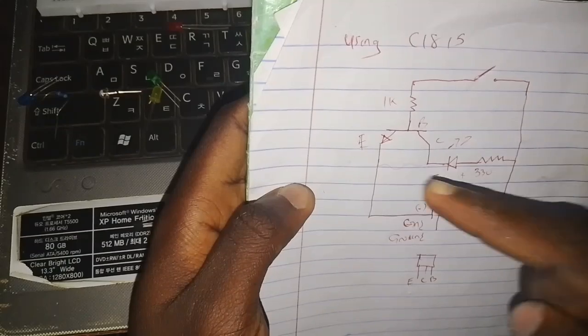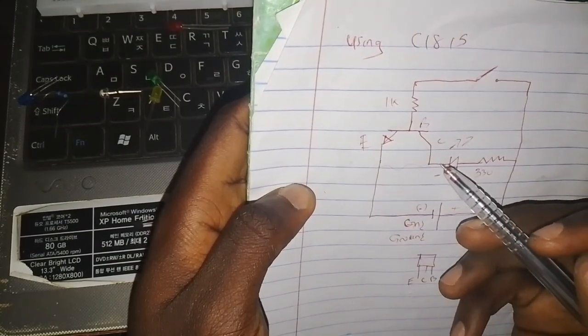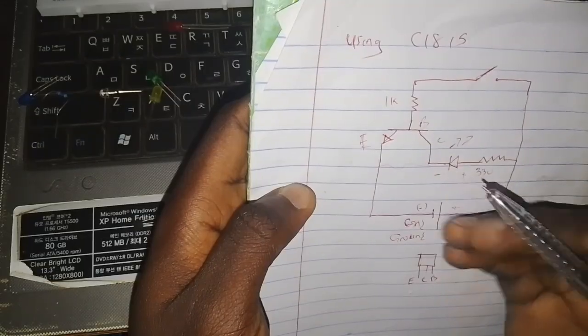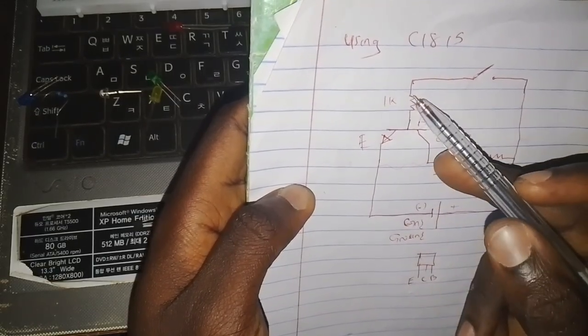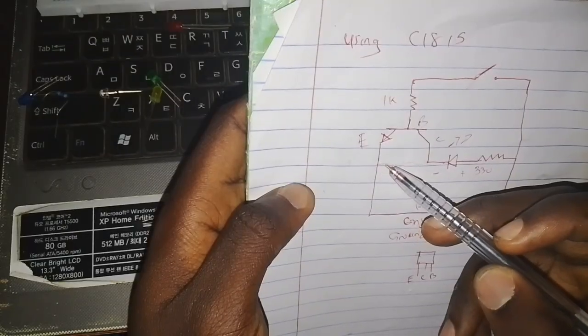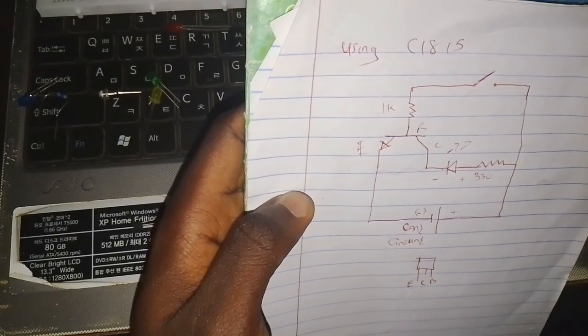So the only way these two can communicate, so as to allow this LED to turn on or get its negative, is if this transistor receives a signal and helps us reduce the resistance so that this LED can be happy and turn on.